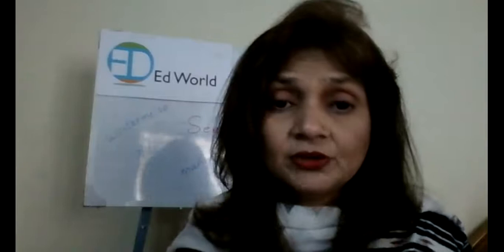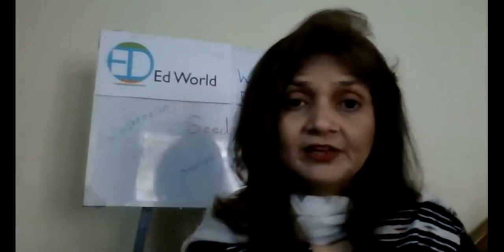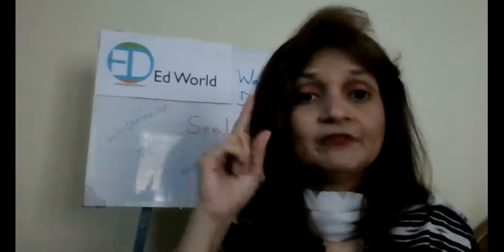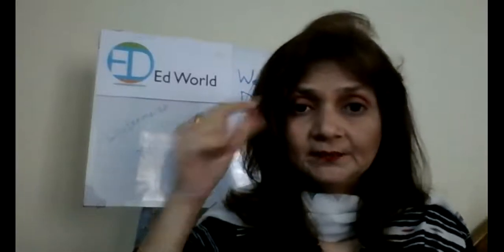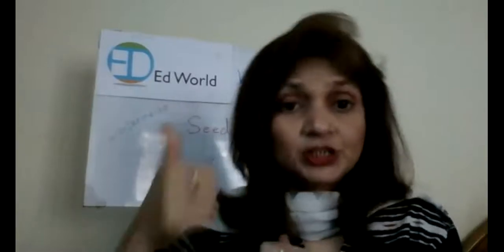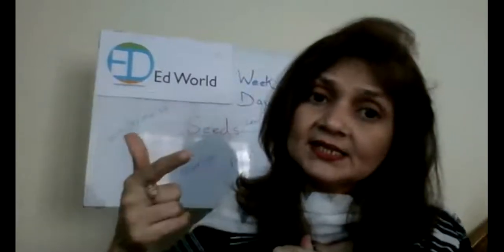And how does the seed of a mango look? It's very big. And how does the seed of a peach look? Peaches only have one seed which is this big, right? And the same goes for plum. So seeds come in different shapes, different sizes, and also in different numbers, right?